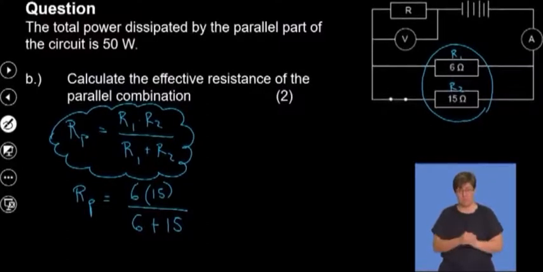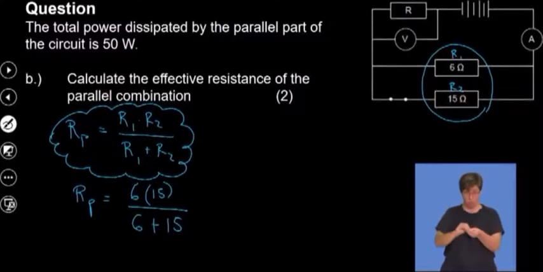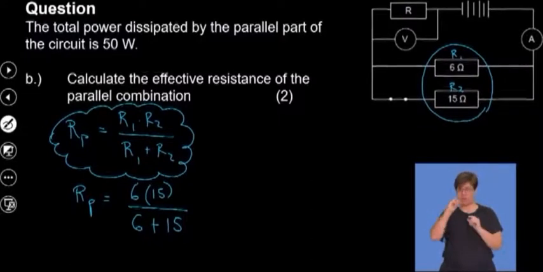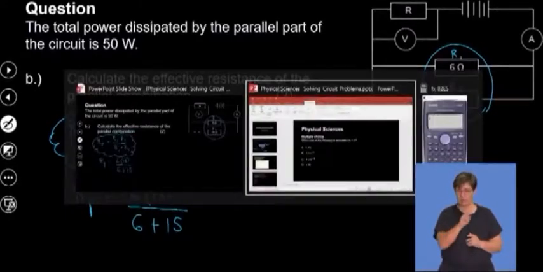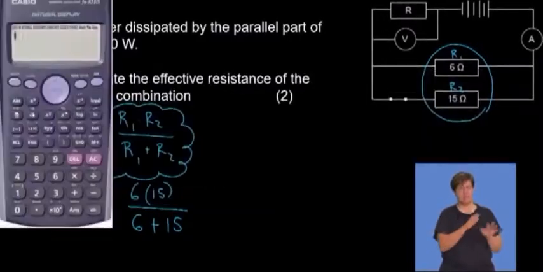So in this case, the smallest resistance is 6 ohms. Now, if we determine the combined resistance of the two, the combined resistance must be less than 6 ohms, which is the smallest resistor. That's one way of verifying that. Okay, so if we go to our calculator, then it follows that we have a fraction.